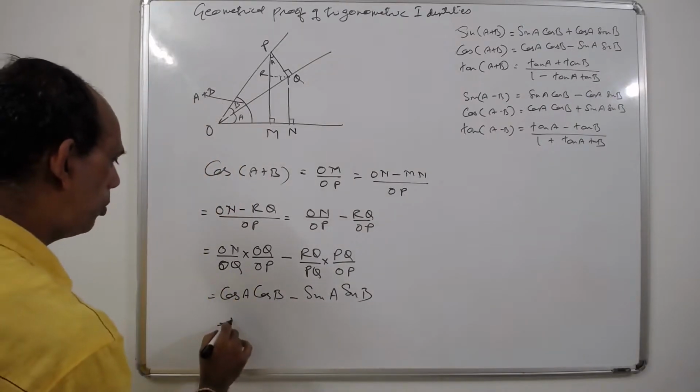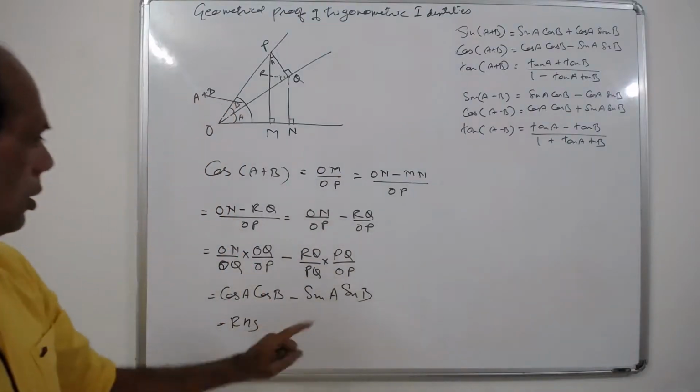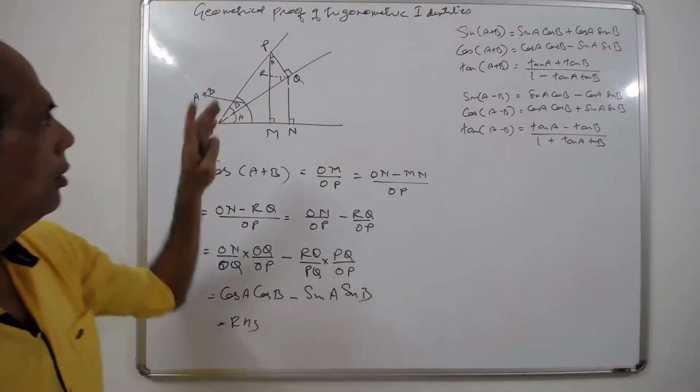So this is also my second identity, cos A cos B minus sin A sin B. So we have proved the second identity with the same diagram.